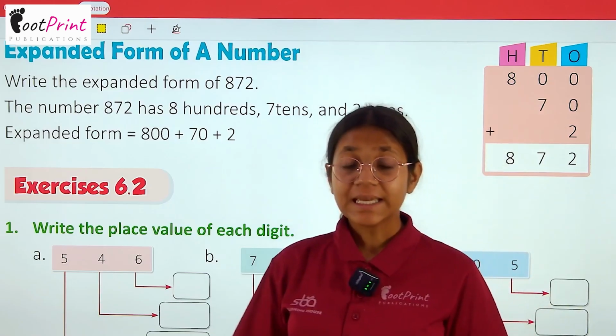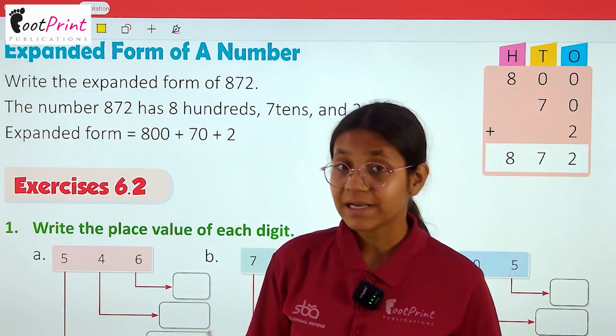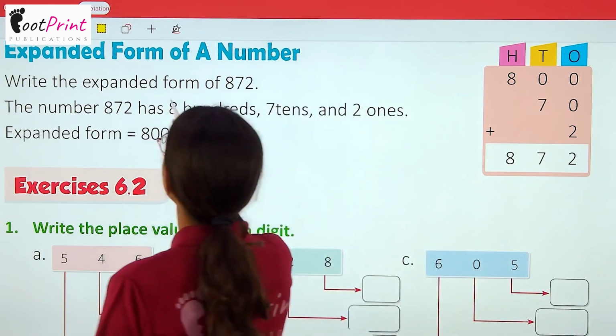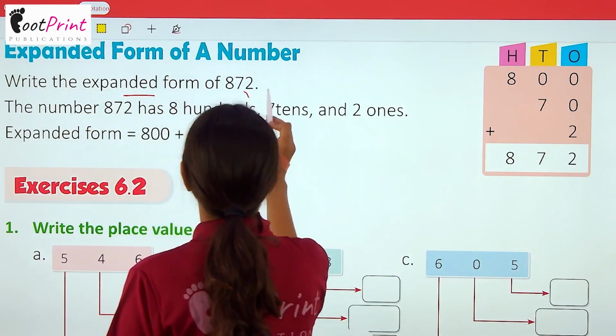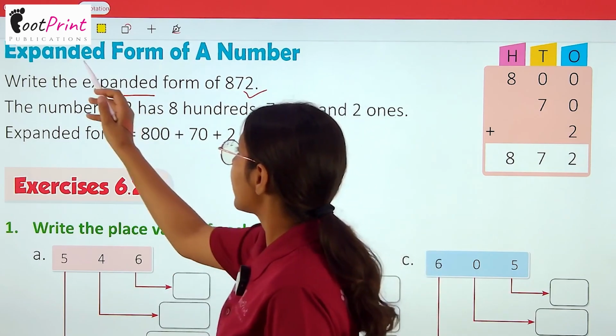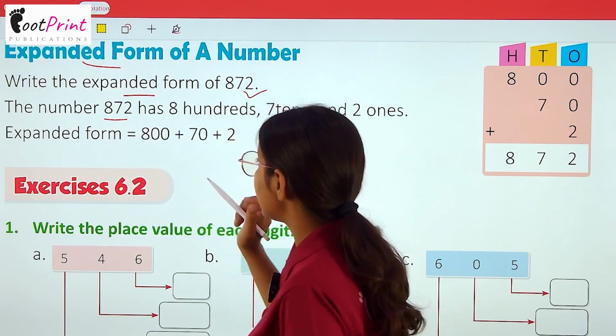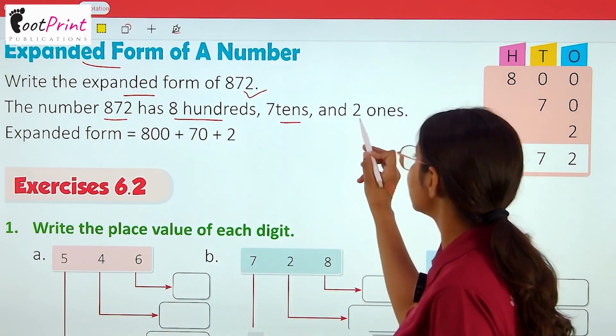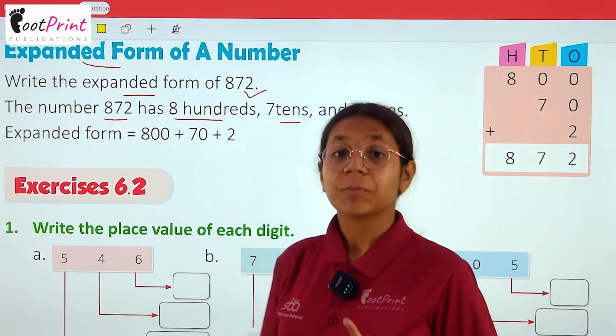Now, expanded form of a number. We take a number and write it in expanded form. See, write the expanded form of 872. In previous classes, we know what the expanded form is. The number 872 has 8 hundreds, 7 tens and 2 ones. See, how do we prepare a number?